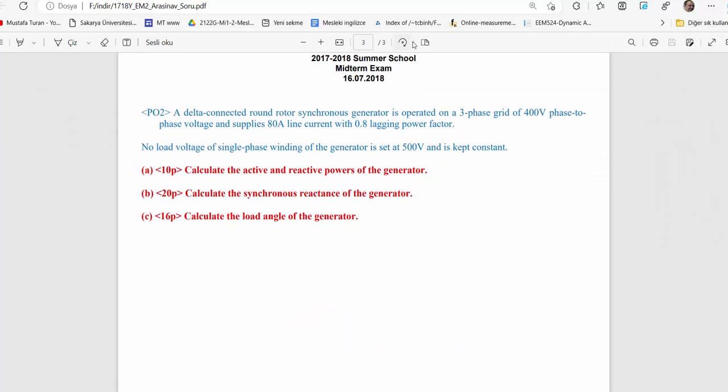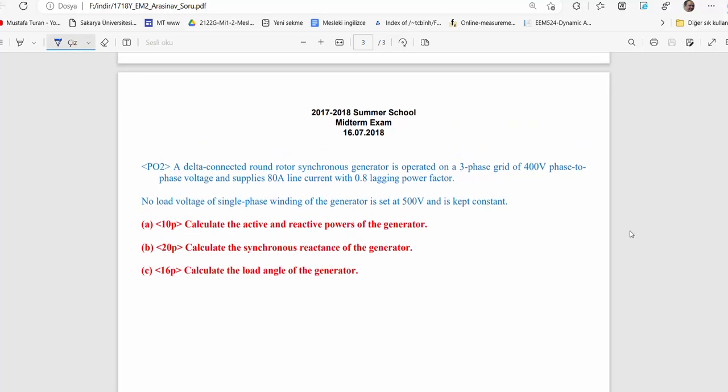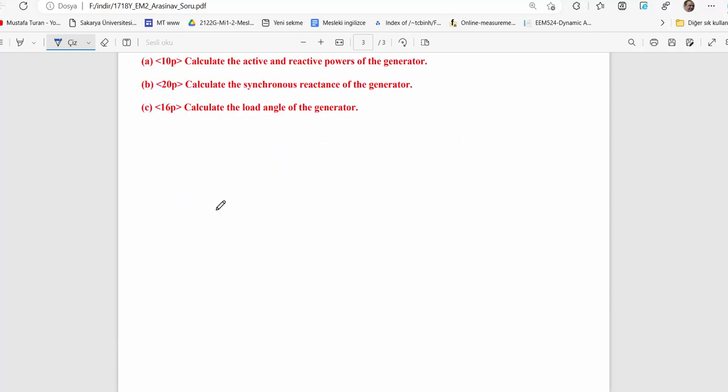Okay, let's read and try to understand what the question asks. A delta connected, round rotor synchronous generator is operated on a three-phase grid. Here's a three-phase grid, three cables.